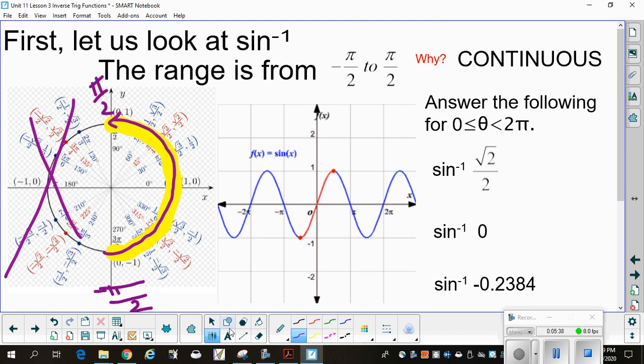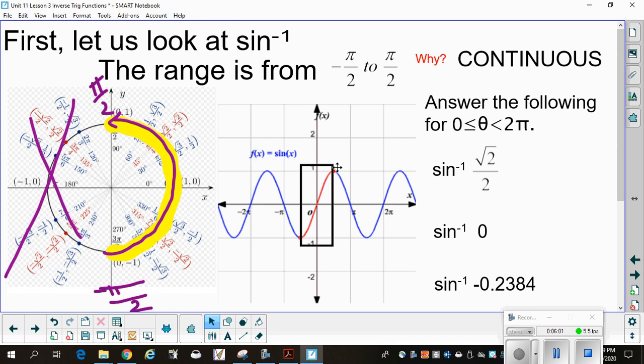So therefore, here, I want to look at just this section. This is a continuous section.